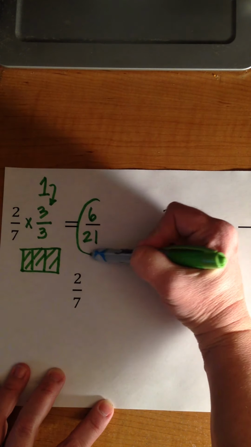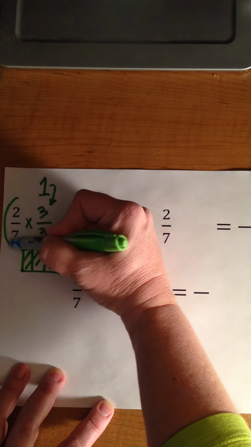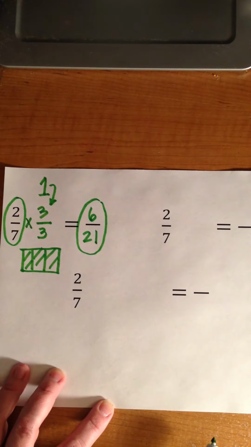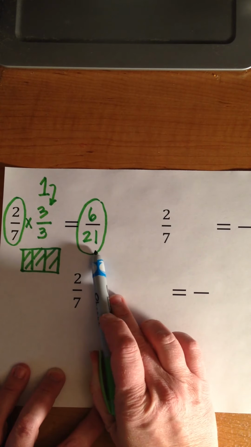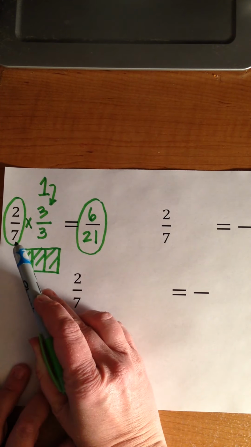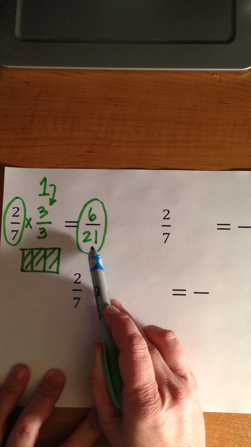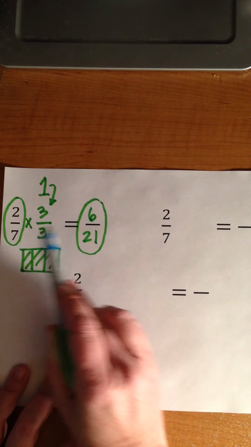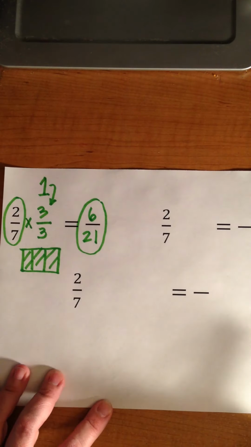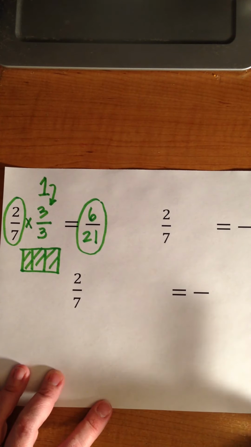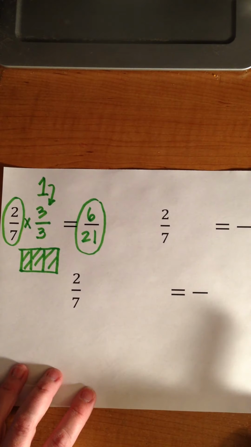So I've created a fraction that is equivalent or equal to 2/7, but I've given it a new name. So 2/7 is equal to 6/21. They are equivalent fractions because all I've done is multiply by 1 whole. I've just called that 1 whole by its fraction name, which is 3/3.